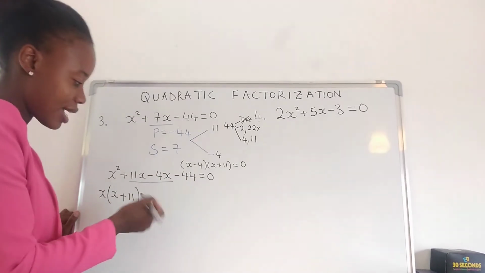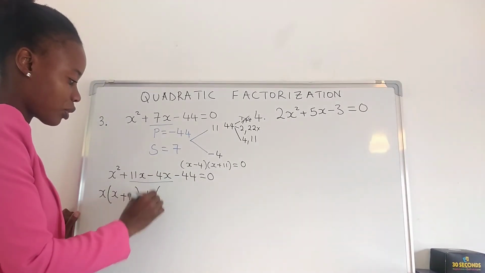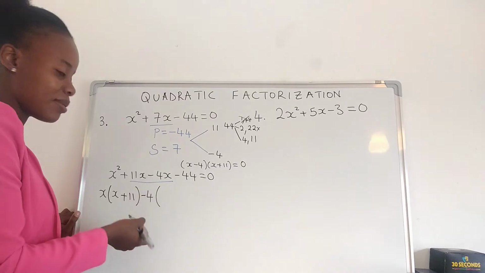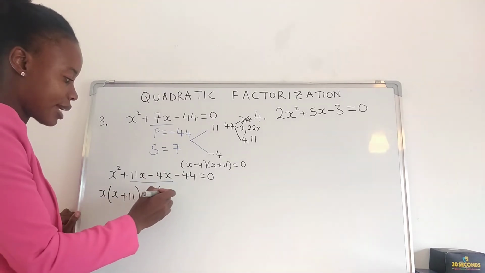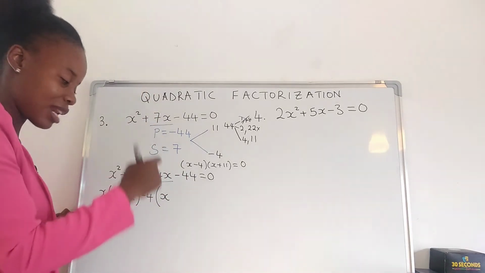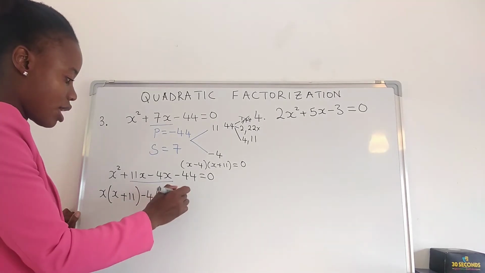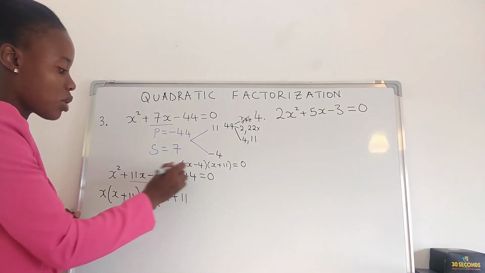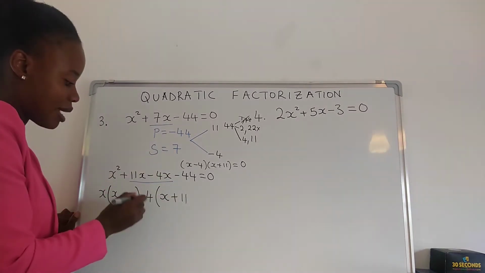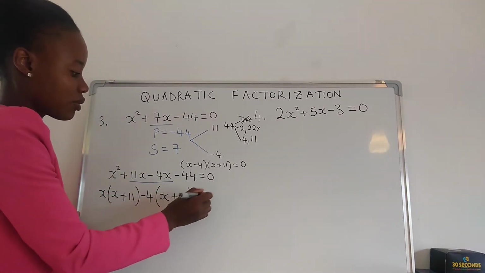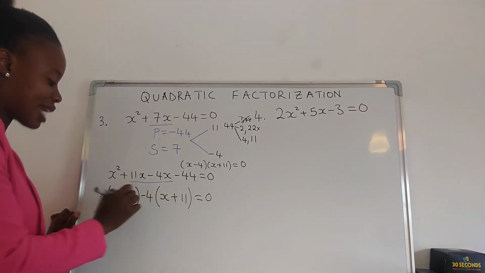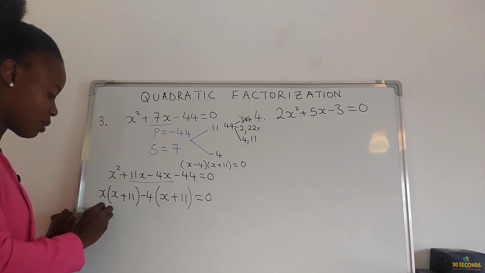Here the common factor is negative 4. Negative 4x divided by negative 4 is x. Negative 44 divided by negative 4 is 11. You can see that you are dividing a negative number by a negative number, so you are supposed to get positive. You take the ones that are outside the brackets, you put them in one bracket.